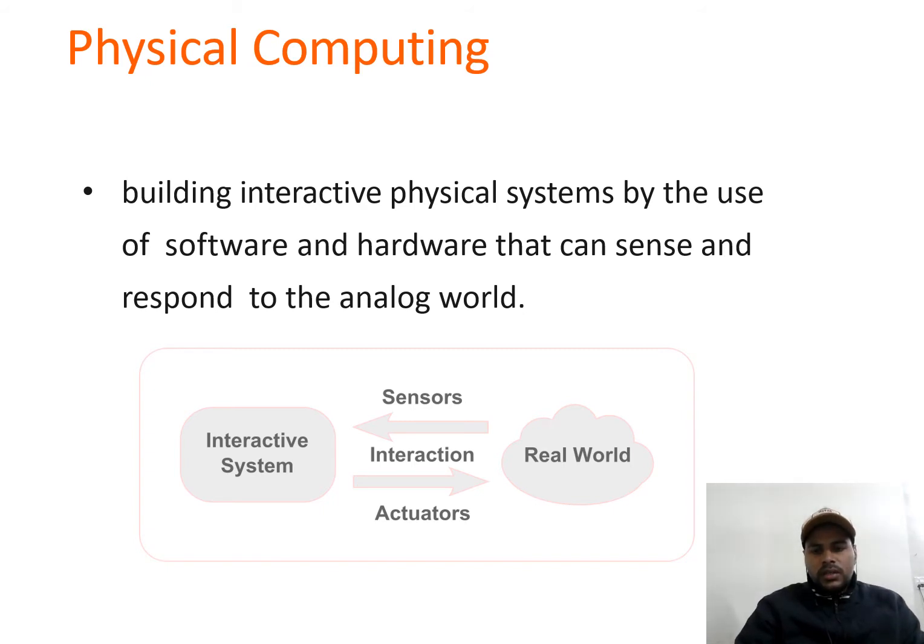In physical computing we build interactive physical systems with the help of software and hardware that can sense and respond to our analog world. It is our physical computing, and it is also our implementation of IoT devices architecture.